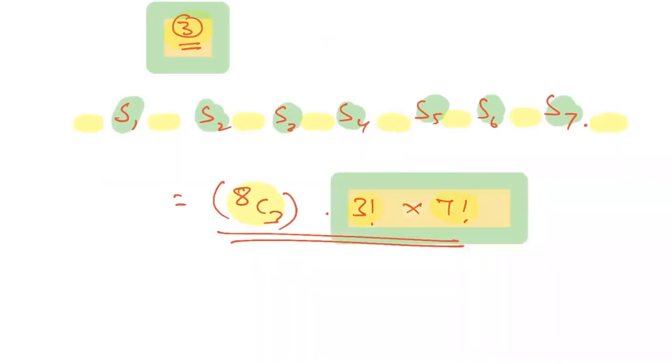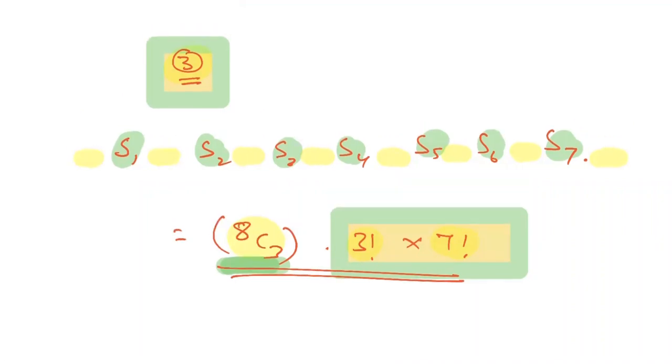And if the question is asking only for the selection, like how many ways we can select this, that will be 8C3 only, right? So overall, you'll get the answer in simplest form, right?